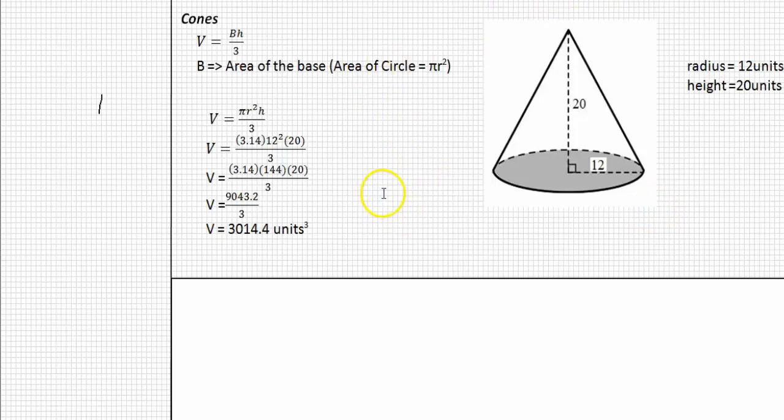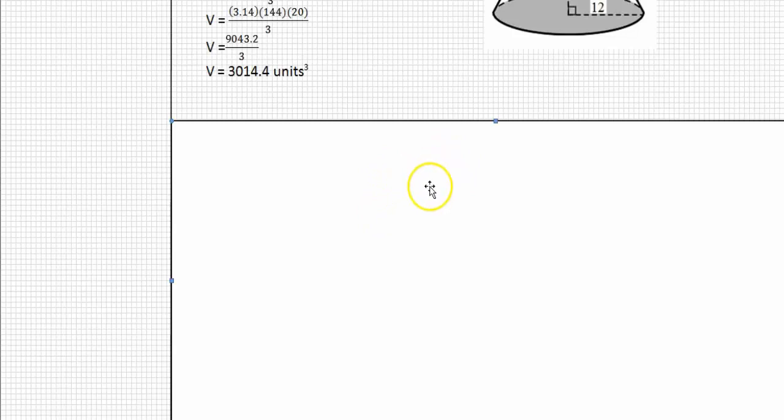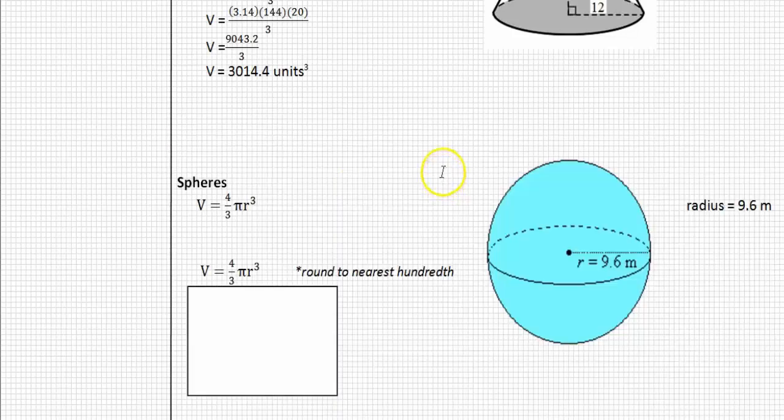All right, one more. Let's do a refresher on the formula for a sphere. So here we have our sphere. The volume for a sphere is 4/3 pi r cubed.